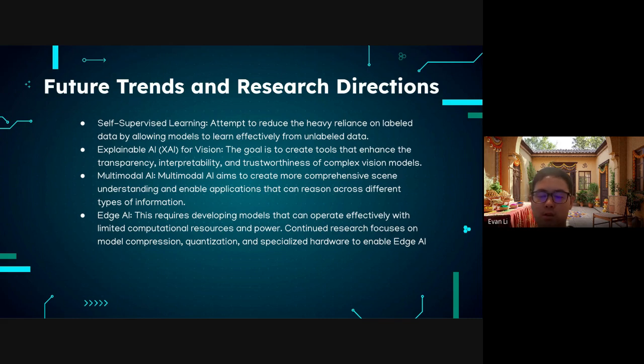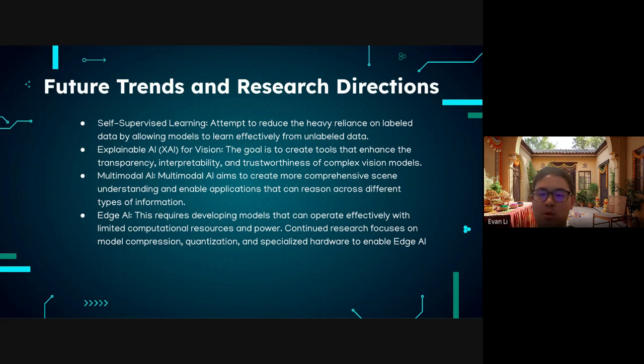of complex vision models. This includes techniques for visualizing attention maps that highlight image regions most influential in a model's prediction, methods for quantifying feature importance to understand which visual features drive decisions, and approaches for generating textual or visual explanations that articulate the reasoning behind a model's output.